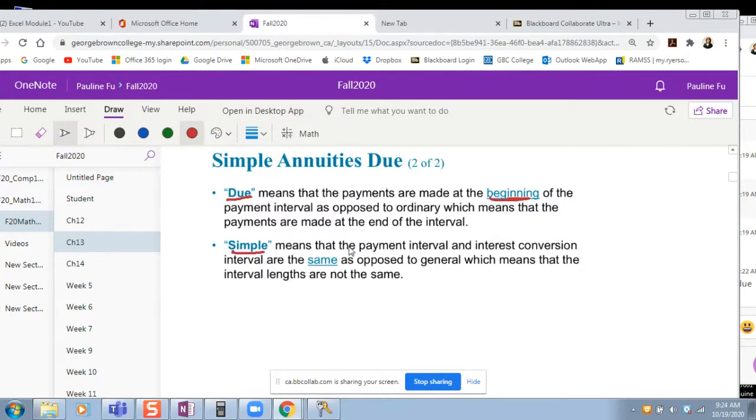And simple means the payment interval and the interest conversion interval are the same. PY is the payment interval. The interest conversion period is CY. When you have PY equal to CY, that is simple. Okay? PY equal to CY, that is simple annuity.